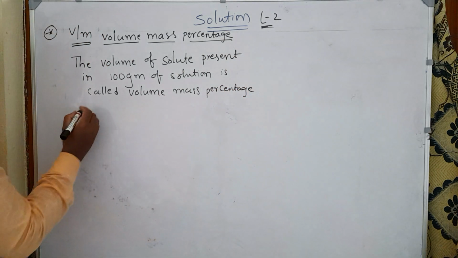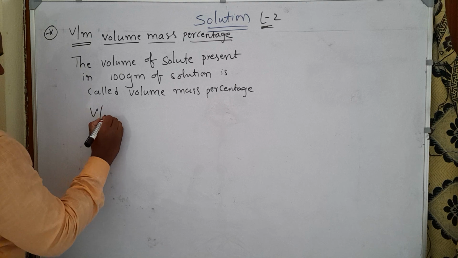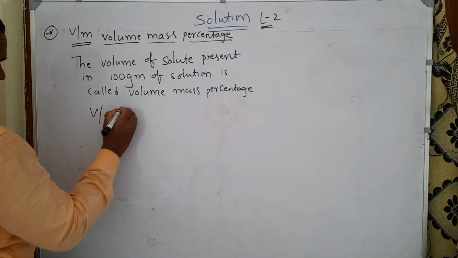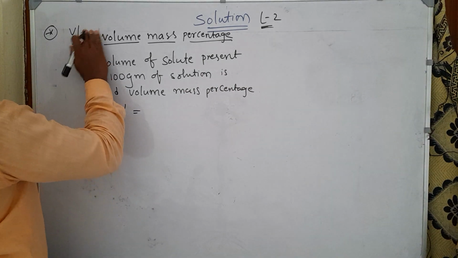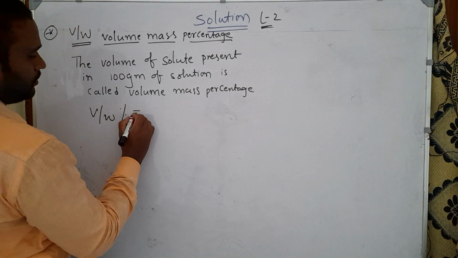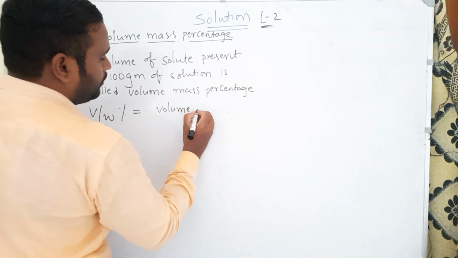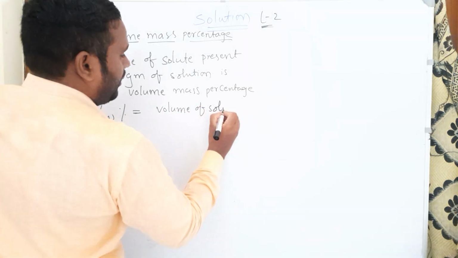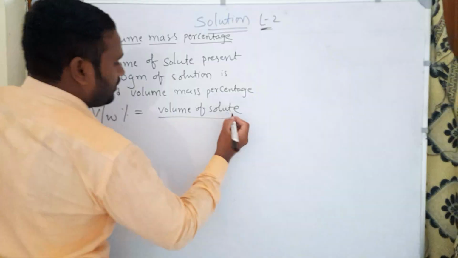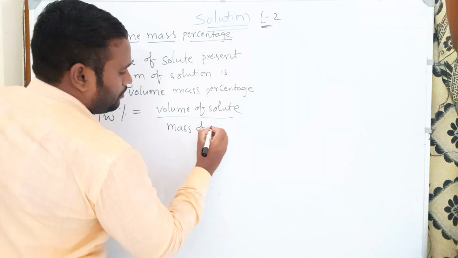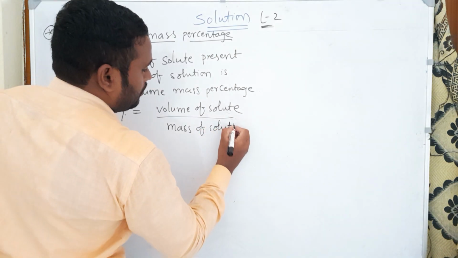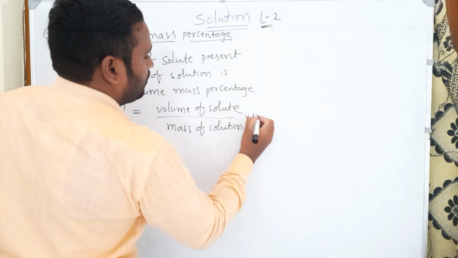So how do we write the formula for the volume mass percentage? Volume mass percentage is equal to volume of solute by mass of solution into 100.